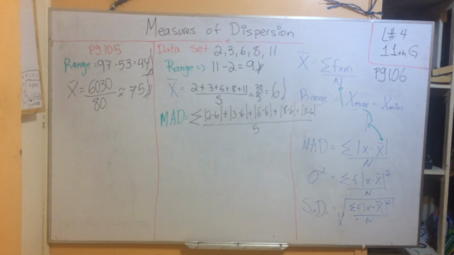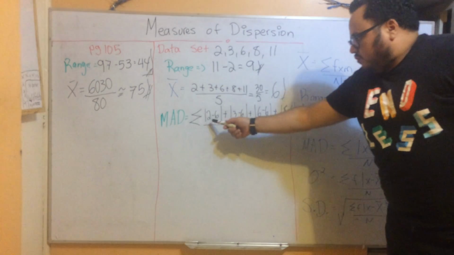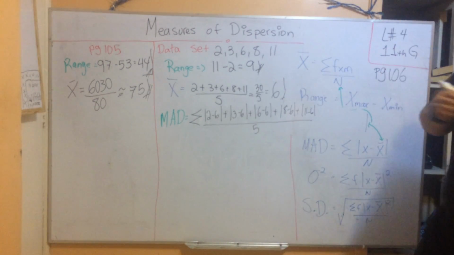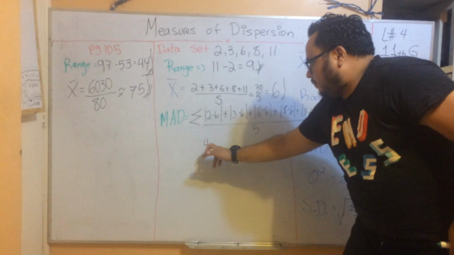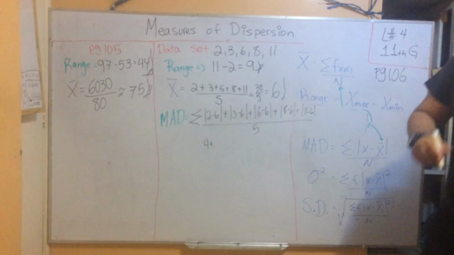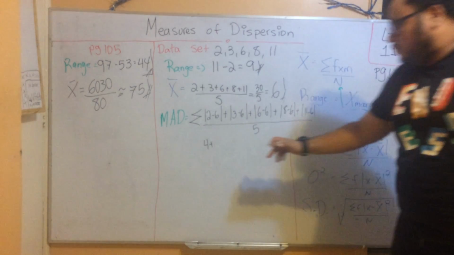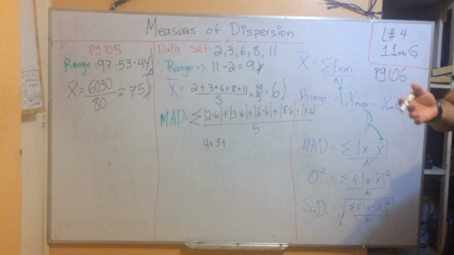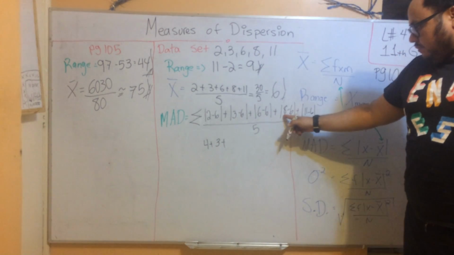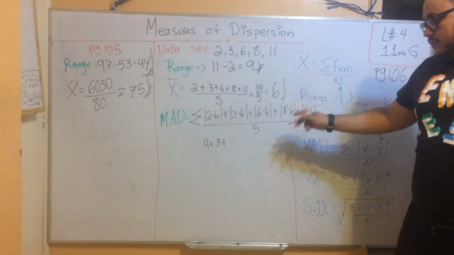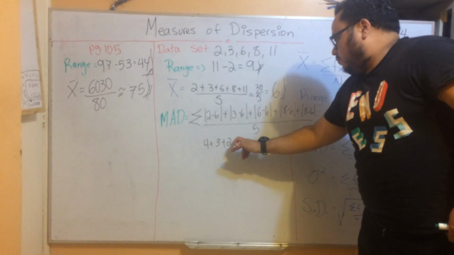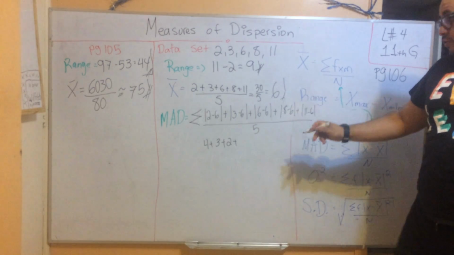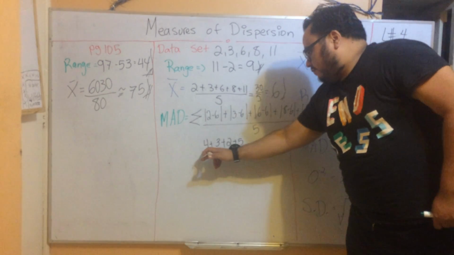So, 2 minus 6 is minus 4. But since we have an absolute value, it's 4, plus 3 minus 6, minus 3, absolute value 3. 6 minus 6, 0, absolute value 0. 8 minus 6, 2, absolute value 2. 11 minus 6, 5, absolute value 5.